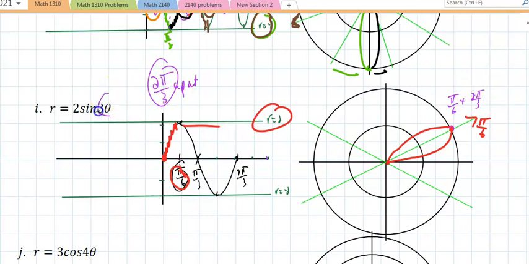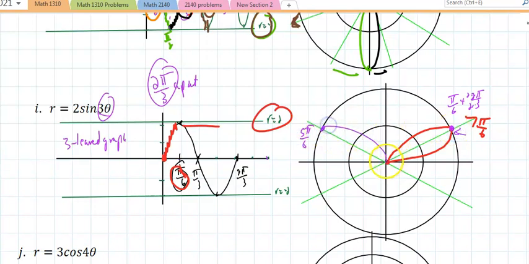Because I know there are 3 petals. If there were 4, 2 pi over 4. If there were 5, 2 pi over 5. What would that be? That's 5 pi over 6. The next petal is going to max out at 5 pi over 6.